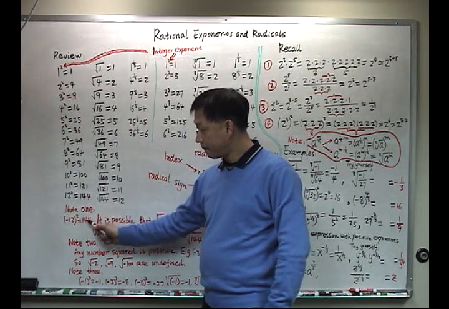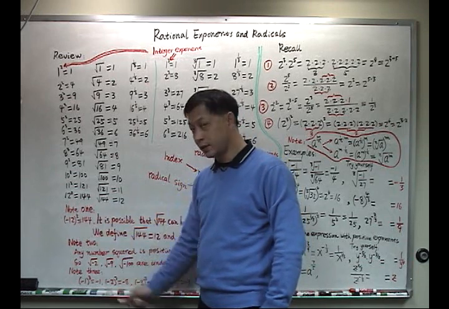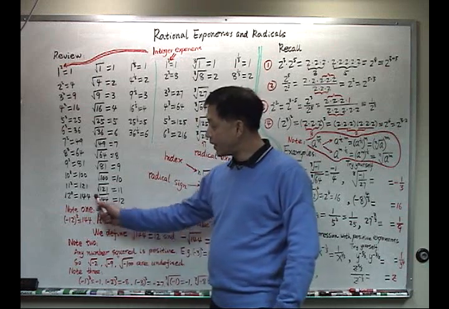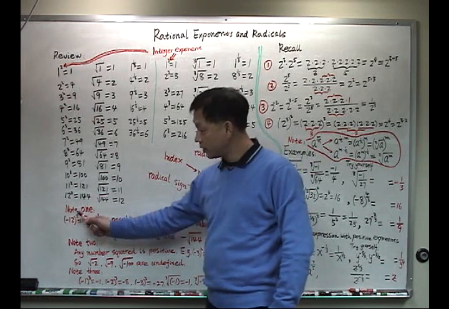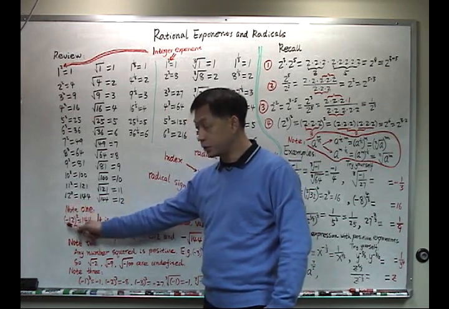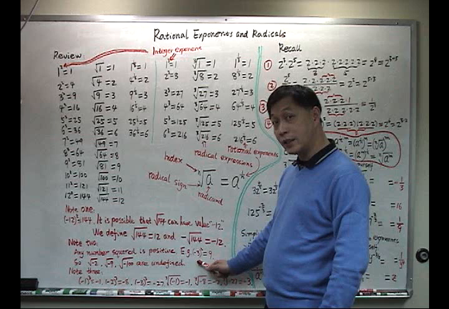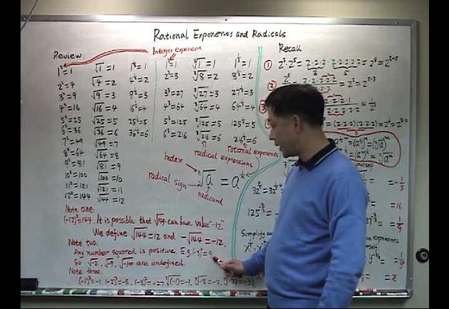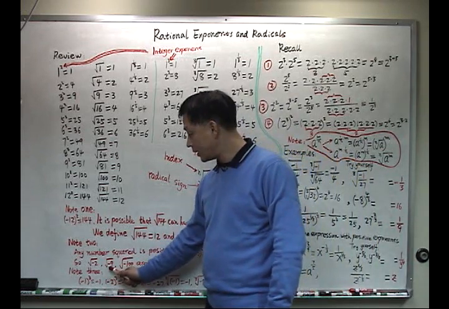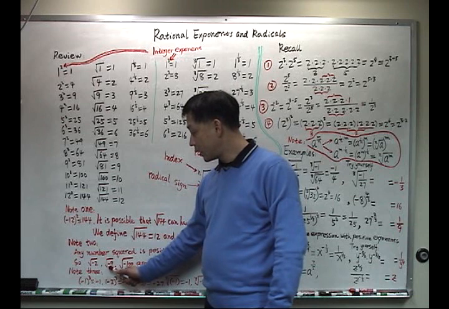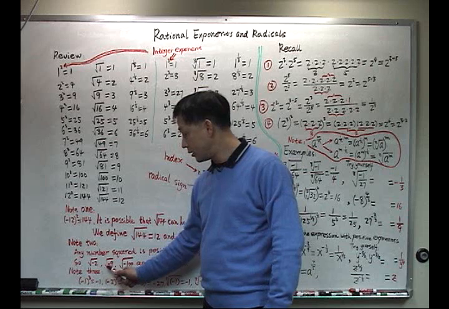Then, if you want to go back from a positive, it could be negative or positive. But you can never go back from a negative number to find the original number. Again, positive or negative numbers squared always give positive. So there is no way you can go back from negative 9 to find a number such that that number squared is negative 9.